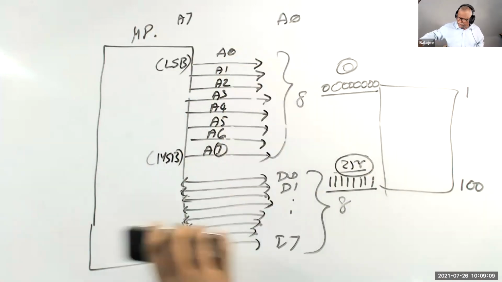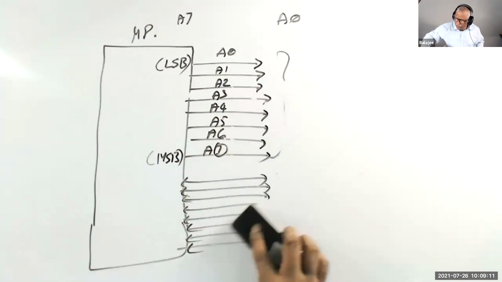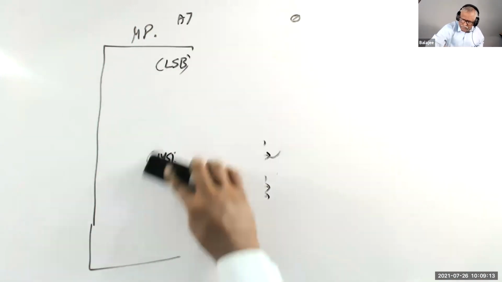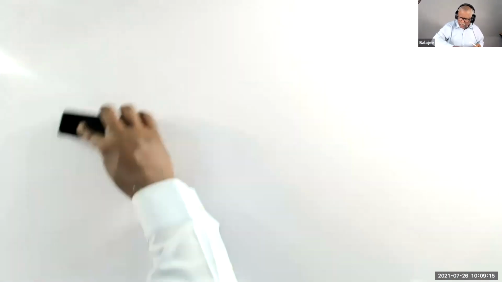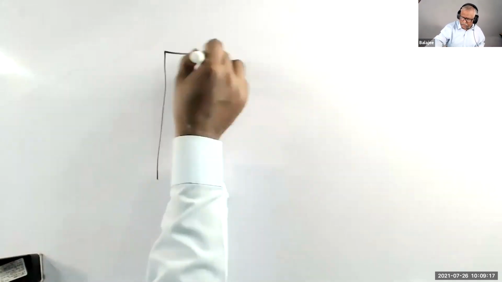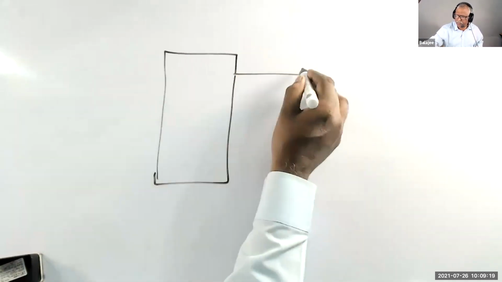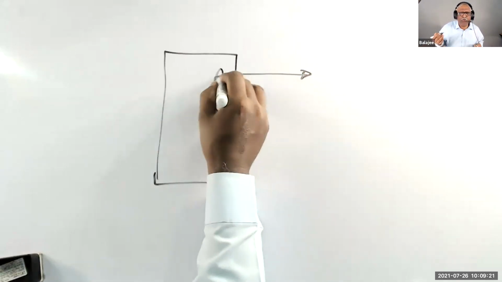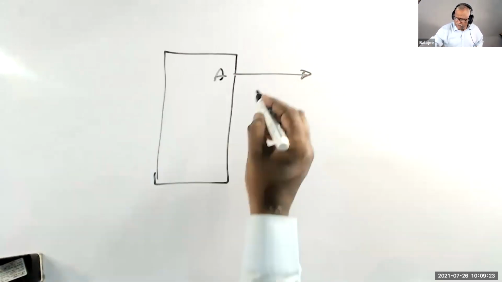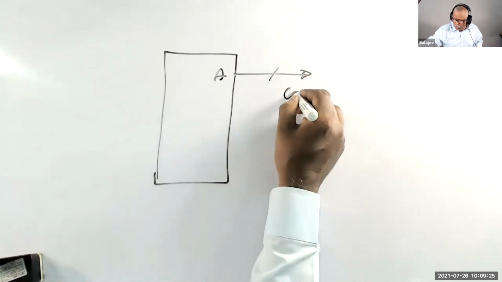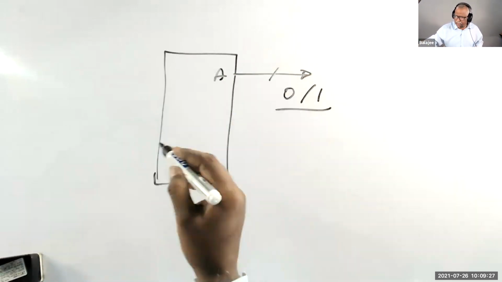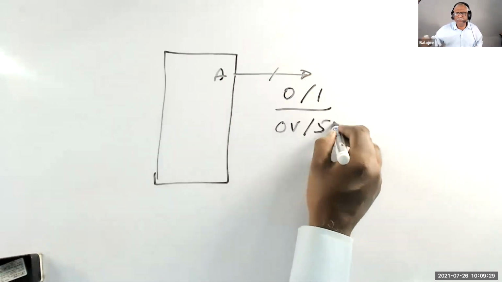Let us take a case. Let us assume we have only one wire from the microprocessor, let's call it A, which is only one wire A. So this wire can be a 0 or 1 because it's binary. It can be 0 volt or 5 volt.